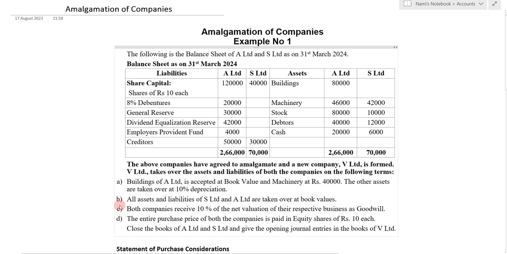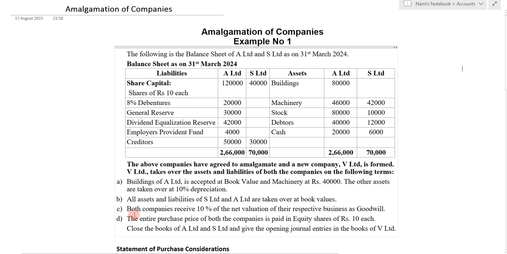Next, all the assets and liabilities of S Limited are taken over at the book value. And the remaining liabilities of A Limited are taken at the book value.